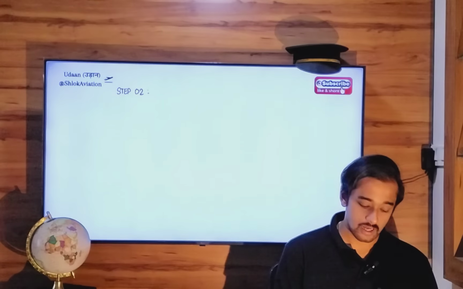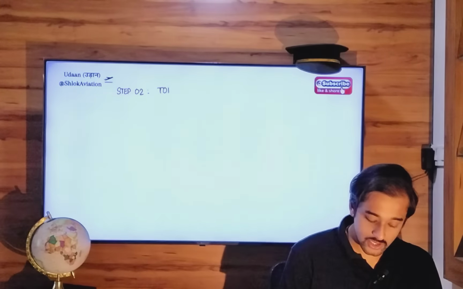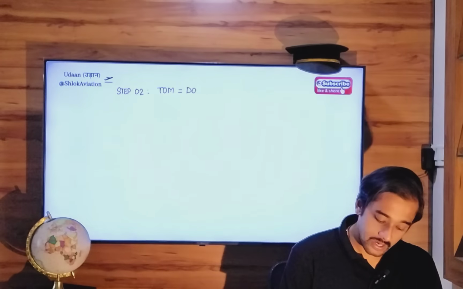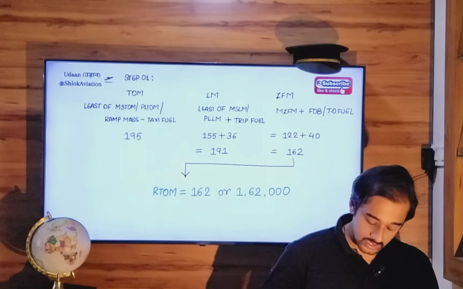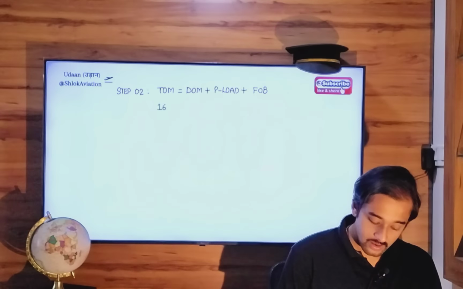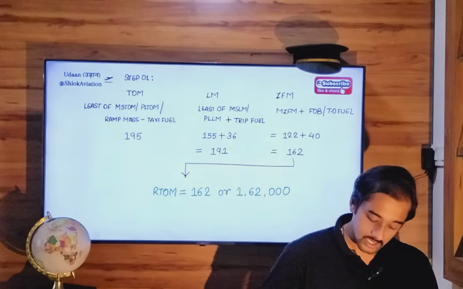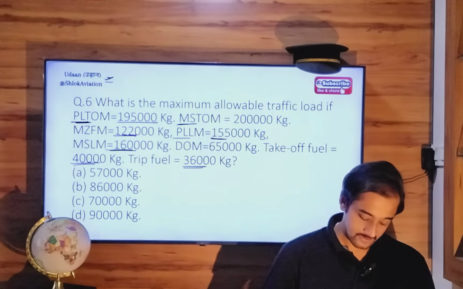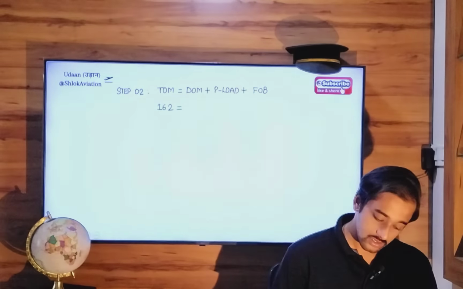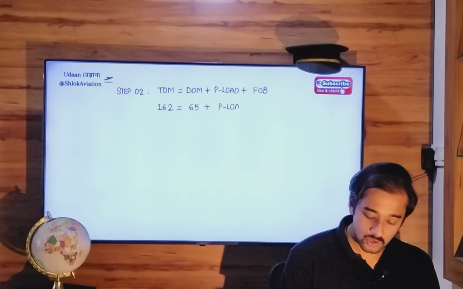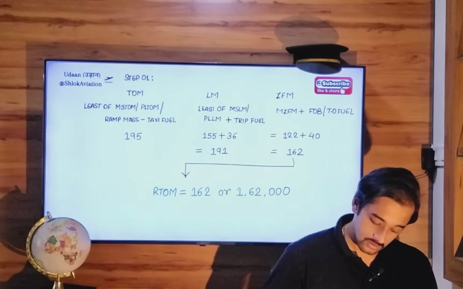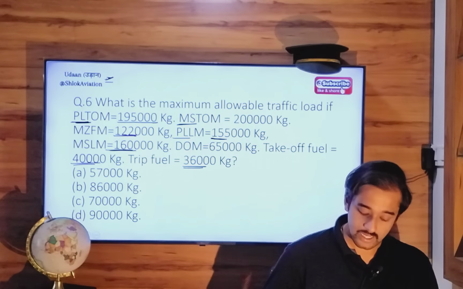Step number 2, use the direct formula. Takeoff mass equals dry operating mass plus payload plus fuel on board. So takeoff mass is 162, dry operating mass is 65. To calculate payload, fuel on board is 40,000 kg.